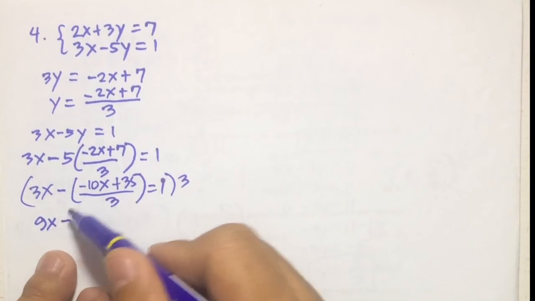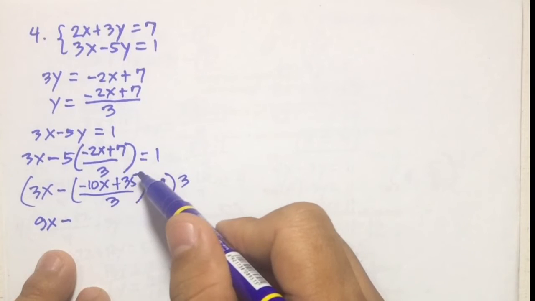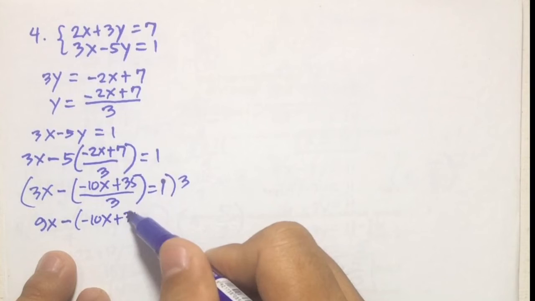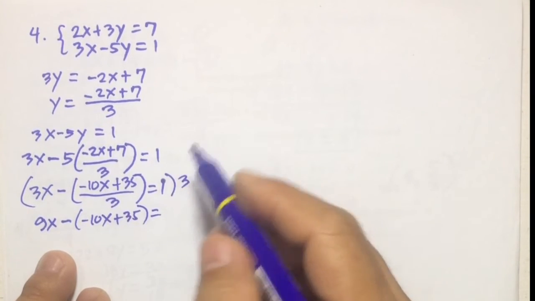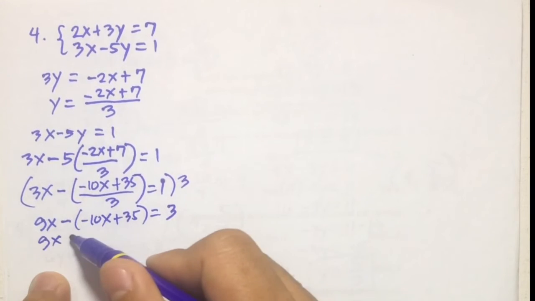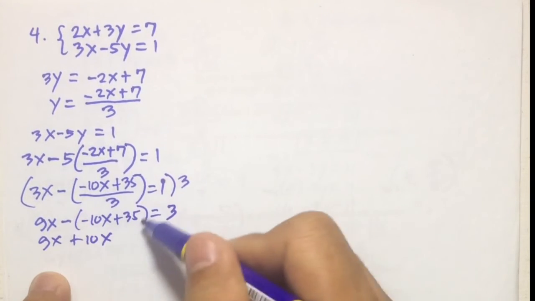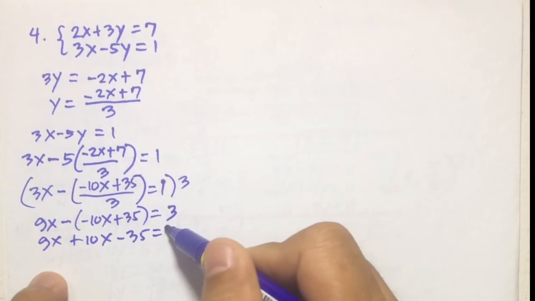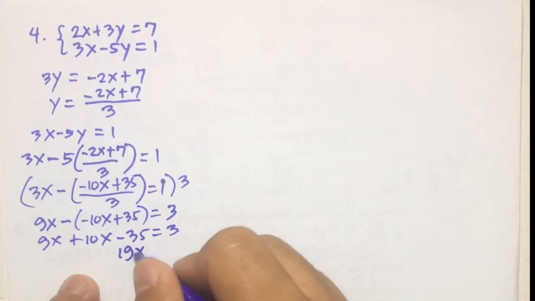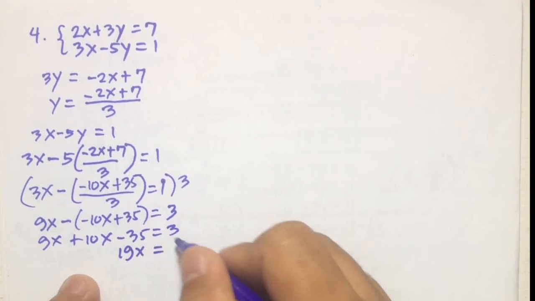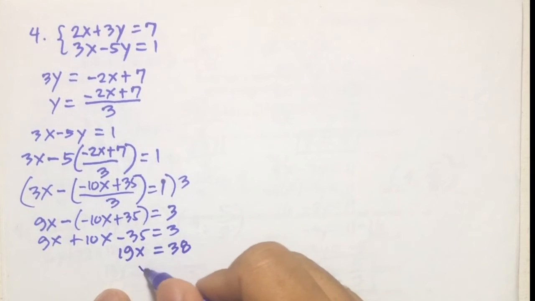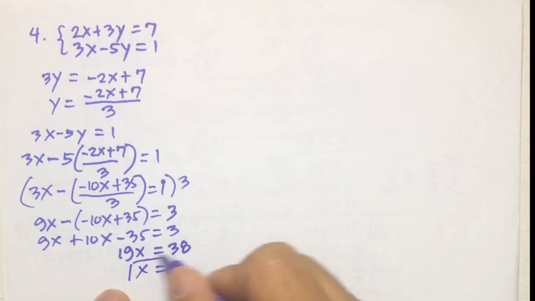Then this is minus 3 times negative 10x plus 35 over 3, that will be negative 10x plus 35. Then this is equal to 3 times 1 is 3. Then operating here, we're going to have 9x plus 10x, then minus 35 equals 3. So 9x plus 10x is 19x. Then 3 plus 35 is 38. Then dividing both sides by 19, we can have x here equals 2.